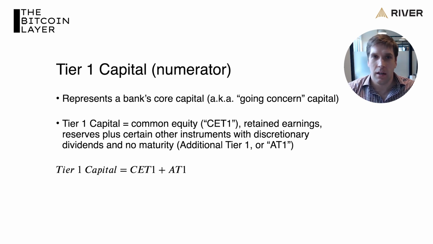The other thing too, tier 1 capital, it's not mark to market. So in these official regulatory measures that each bank is graded on by the Fed, the OCC, the FDIC, they are not mark to market. They're entirely balance sheet weighted.